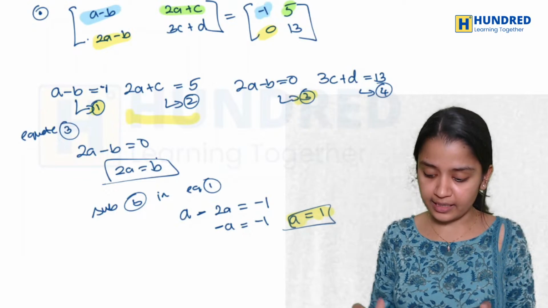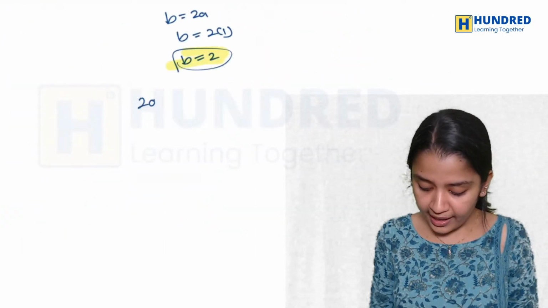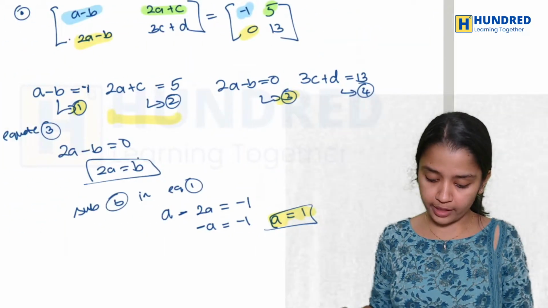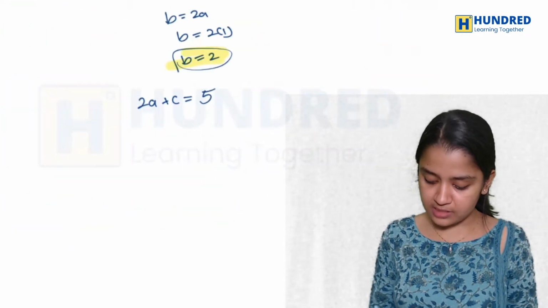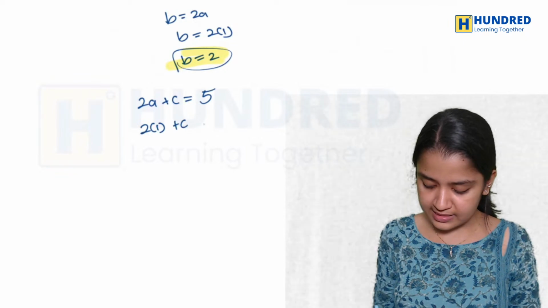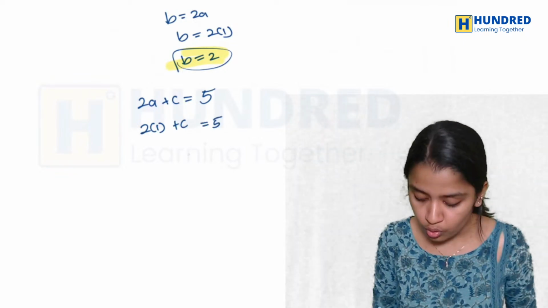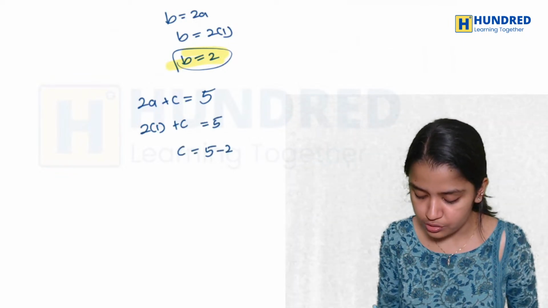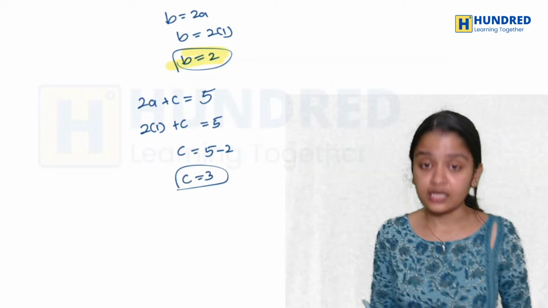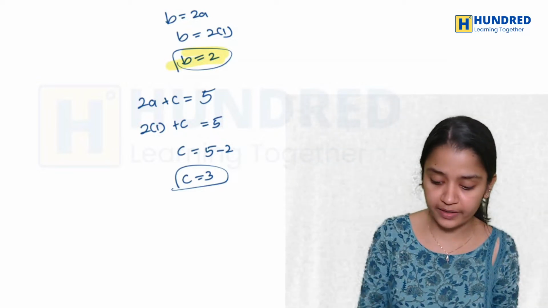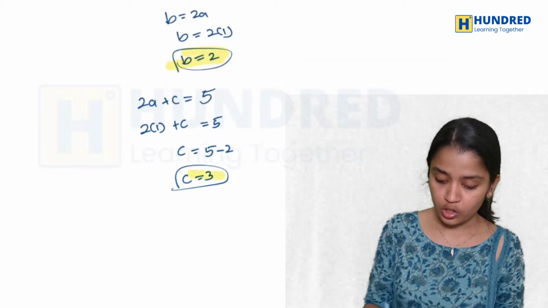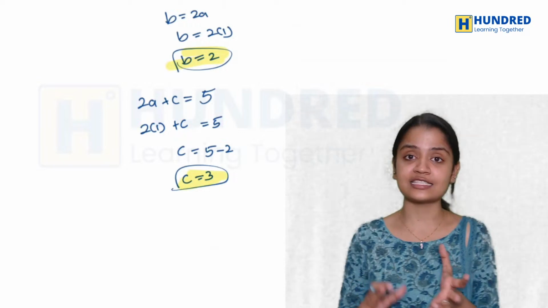So 2A plus C is equal to 5, and A is 1. So 2 into 1 plus C is equal to 5. So C is equal to 5 minus 2. C is equal to 3.